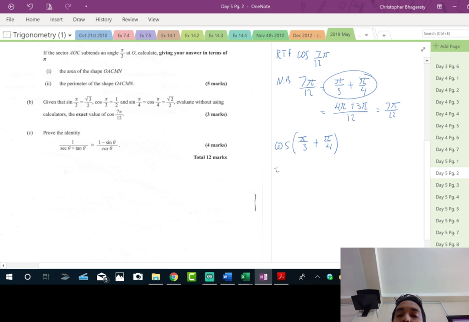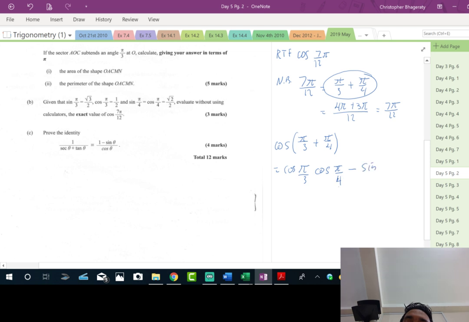So we know from the examples we did earlier, cos of a plus b is cos of a by cos of b minus sine of a by sine of b. And we can pull our values from right here.